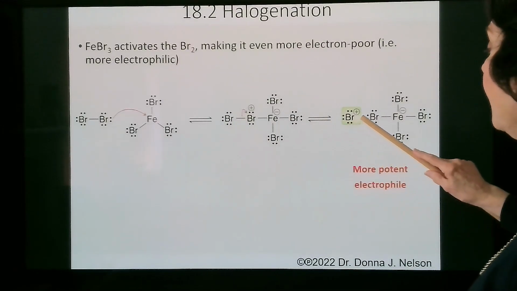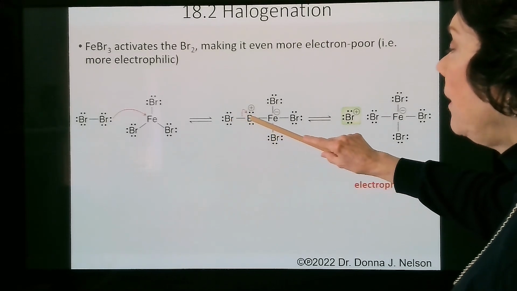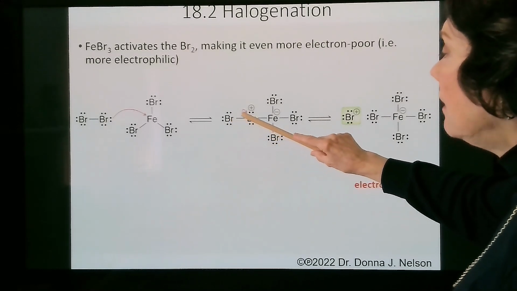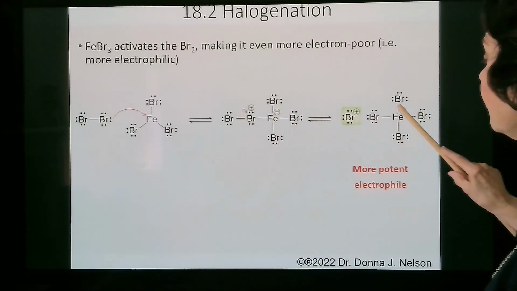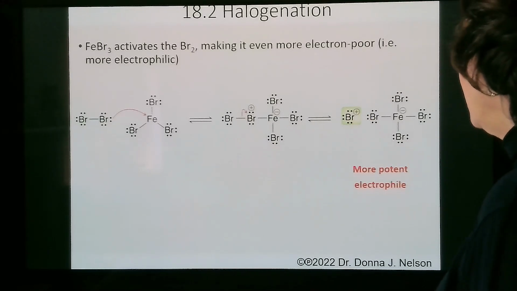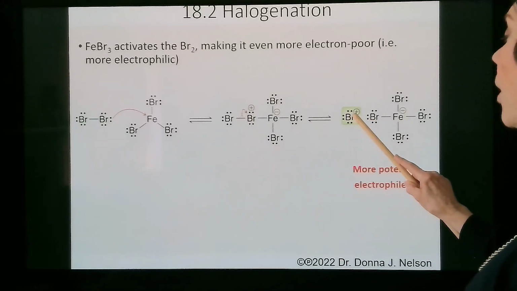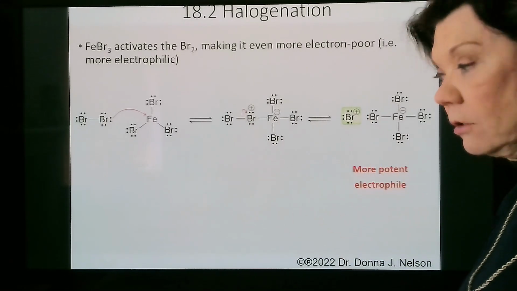Here it's depicted as the pair of electrons in the molecular bromine actually moves on to bromine, and then iron is bearing a negative charge, bromine is bearing a positive charge, and so this is now a salt.